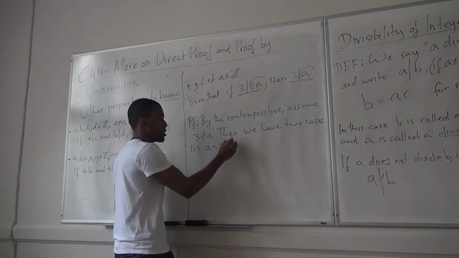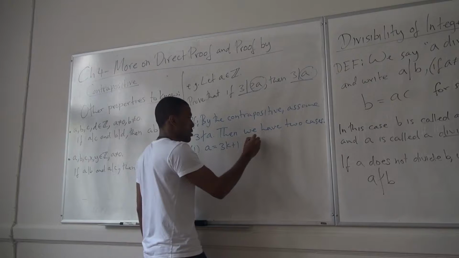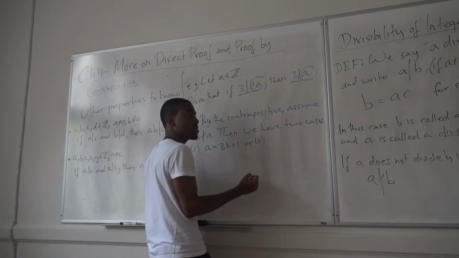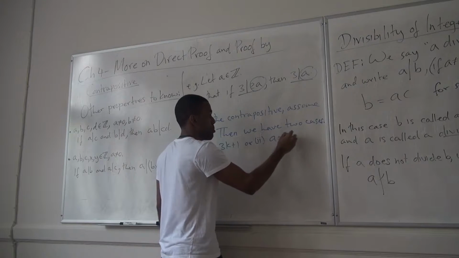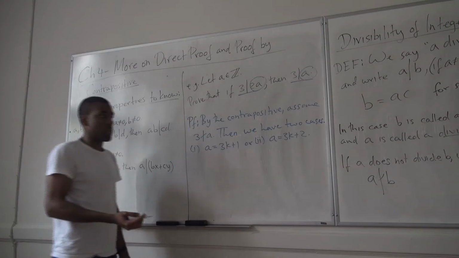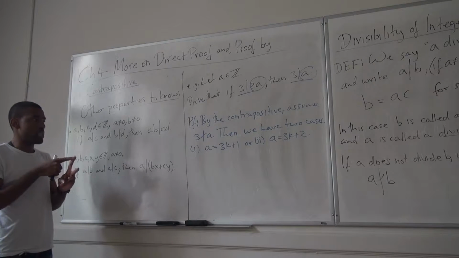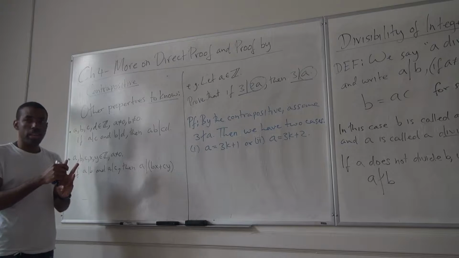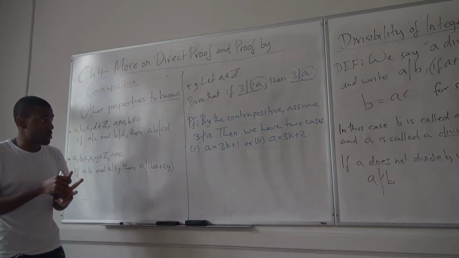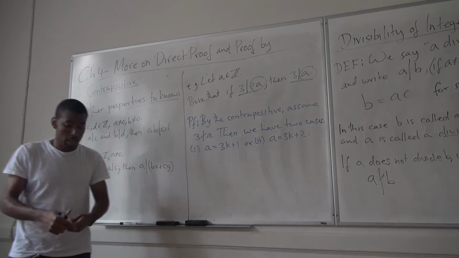It's either 3k plus 1, so you have a remainder of 1 when you divide by 3, or 3k plus 2, a remainder of 2 when divided by 3, right? So remember, any integer can be written in 3 forms: either 3k, or 3k plus 1, or 3k plus 2. The ones that can be written as 3k are the ones that are divisible by 3. We're assuming it's not divisible by 3, which means it can only be one of the other 2 cases, right?